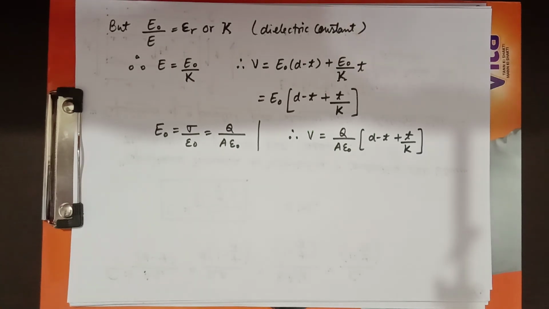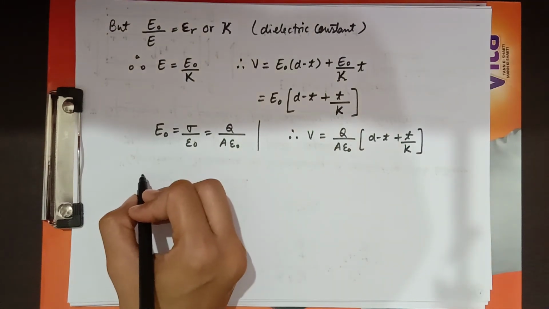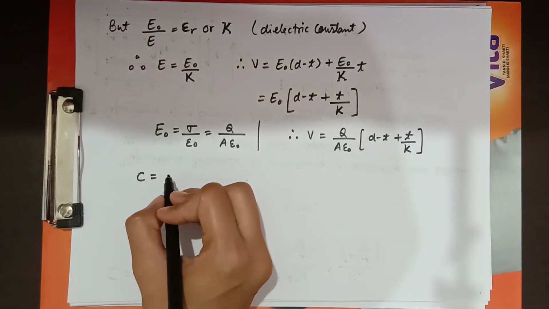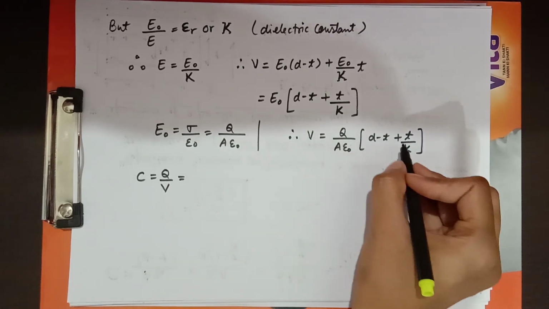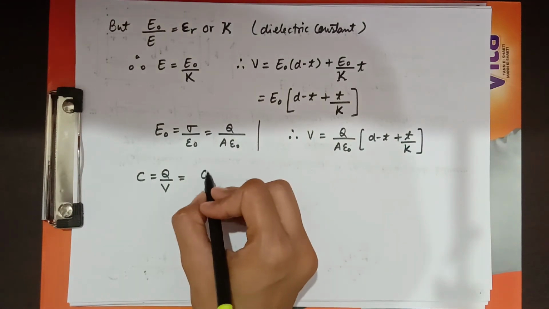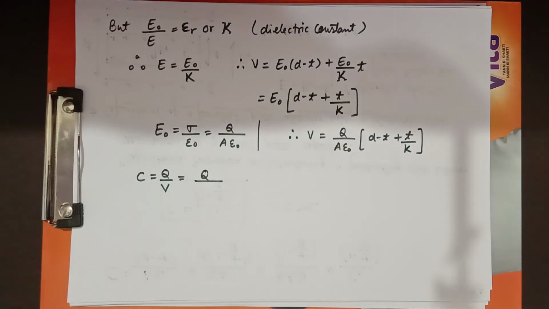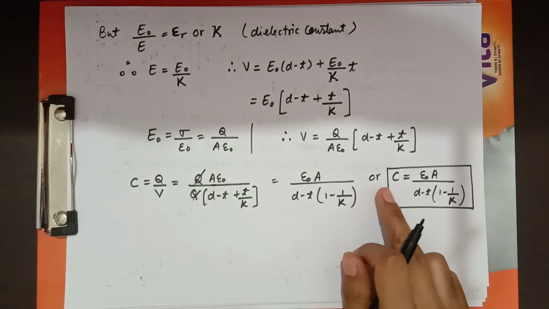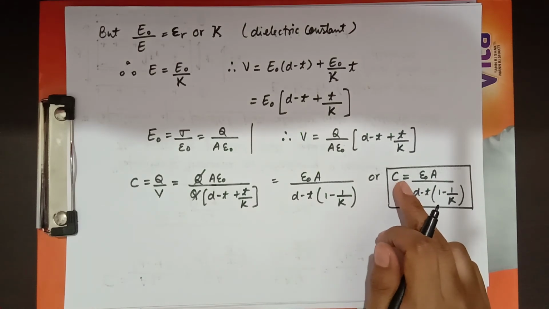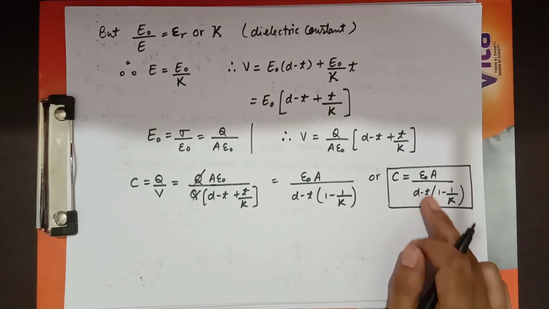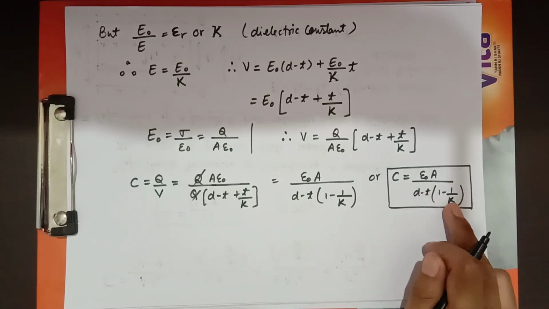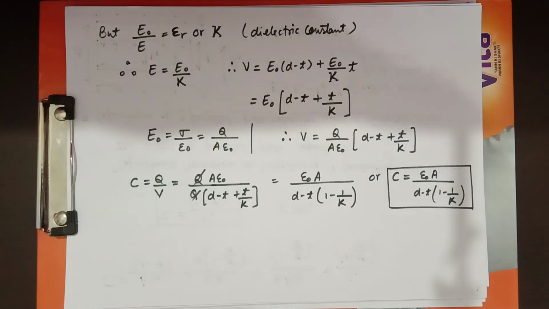So for calculating the capacitance of the capacitor with dielectric between the plates, I will write again the relation between C and V, that is C is equal to Q divided by V, and in the place of V, this whole equation can be written. So the formula for capacitance is C equal to epsilon naught A divided by D minus T in bracket (1 minus 1 divided by K), where K is the dielectric constant.